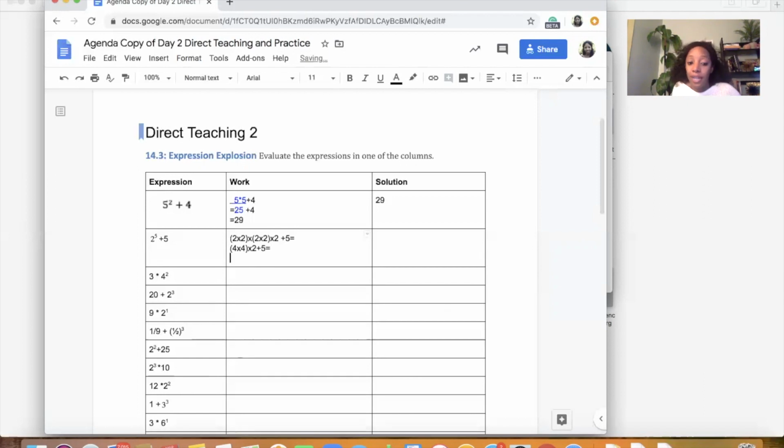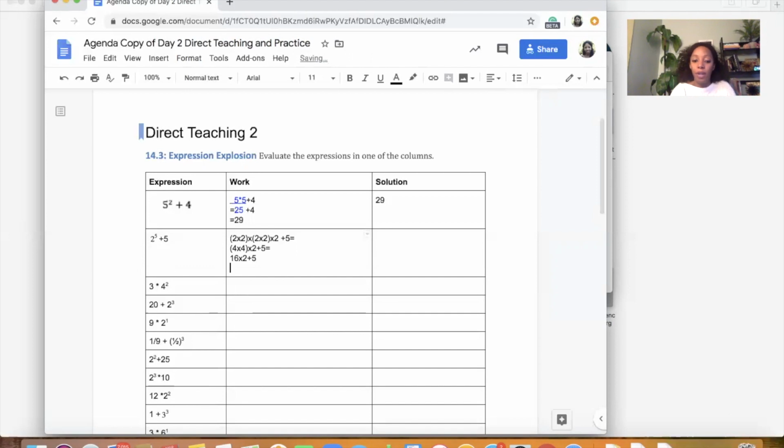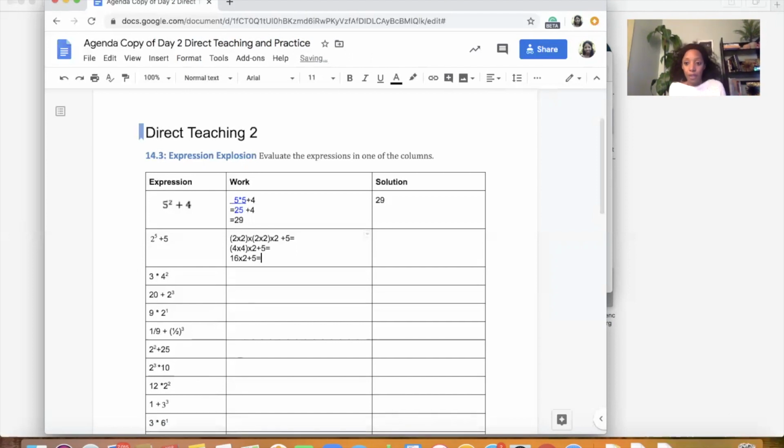I always multiply first before I add. So I'm going to do the 4 times 4, that pair, which is 16, times 2, plus 5. Now I'm doing every step out, and I want you guys to do the same until you get used to this. Doing each step out will give you a better understanding of the order of operations and how this, I want to say not works, but flows.